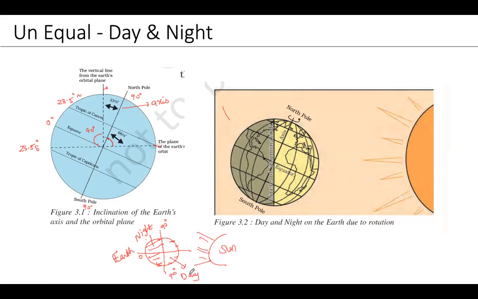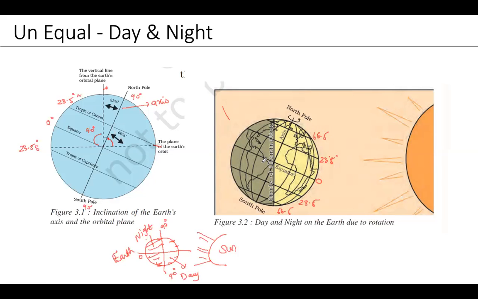But this is not the case with the earth, because the angle of the sun's rays and the earth's angle are not straight and not perpendicular, so it is slanting. So now we will see the drawing here. This one is the North Pole, this is South Pole, and equator, this we call 0 degree. This is 23.5 and this is 23.5, and here it is 66.5, 66.5.